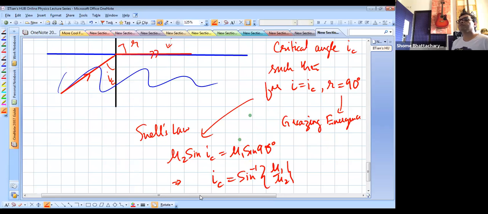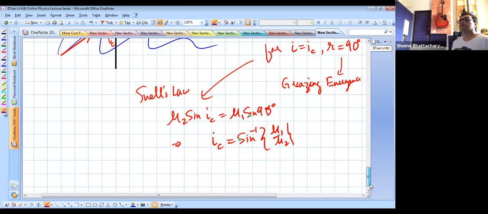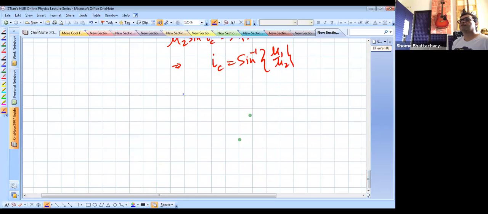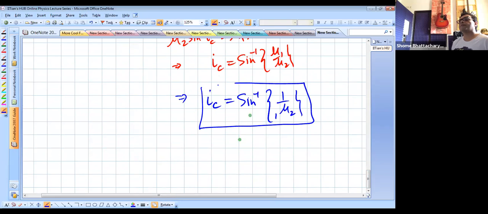Or the better way to remember the working formula is that the critical angle is given by the formula for that pair of medium: sine inverse of 1 upon mu of 2 with respect to 1. So this is the formula of critical angle for a pair of medium of refractive index mu2 greater than mu1.